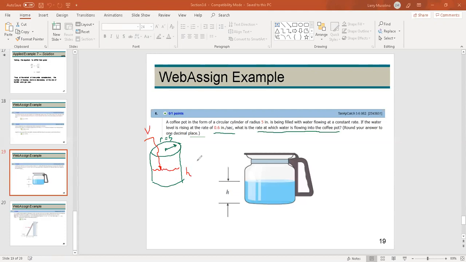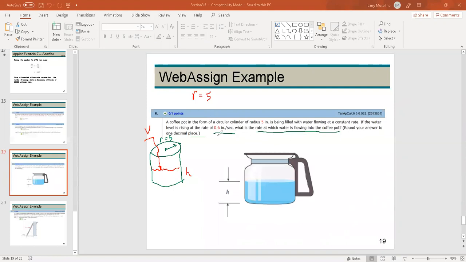All right, let me write down the given quantities here. r equals 5. By the way, notice the radius here is not going to change. When you think about this coffee pot, the radius is fixed at 5. It's not like the radius is expanding over time. No, the height is going to get bigger over time. So we know the height is changing.